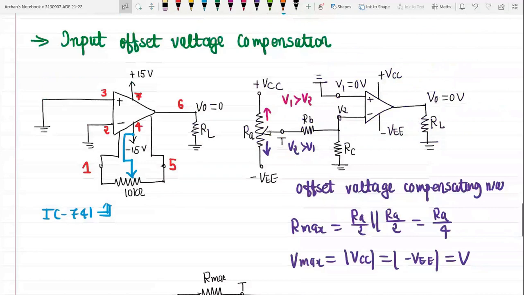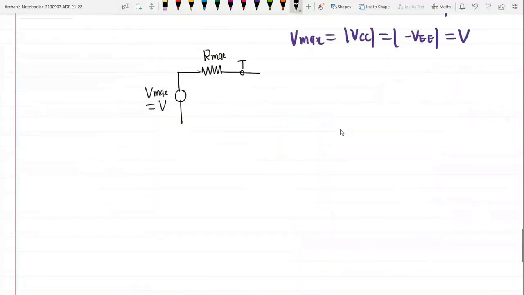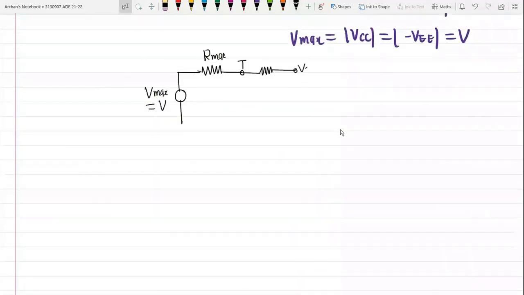So we will have resistance RB over here. This is my terminal V2, and this is resistance RC, which is grounded. So this is our Thevenin's equivalent resistance and voltage.